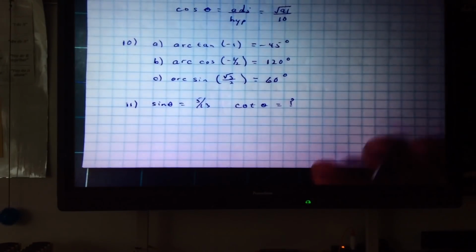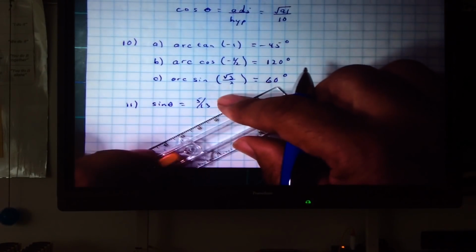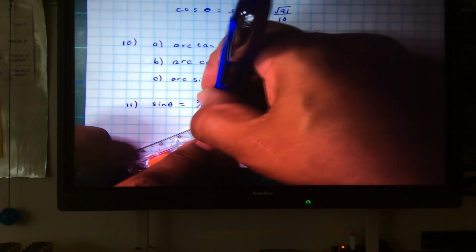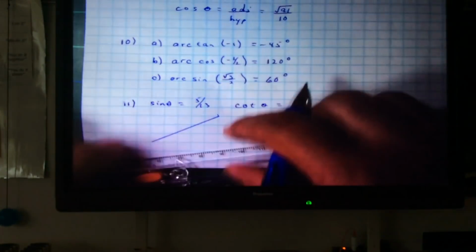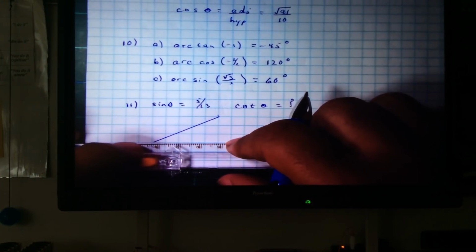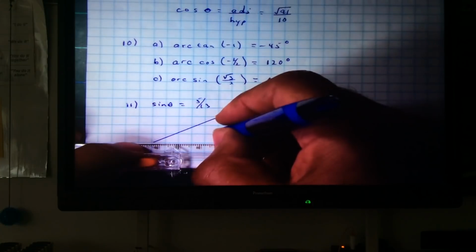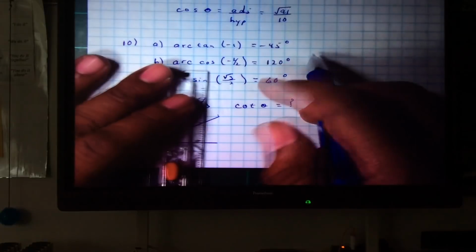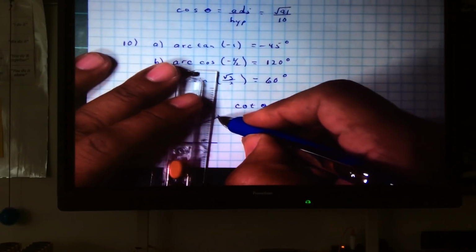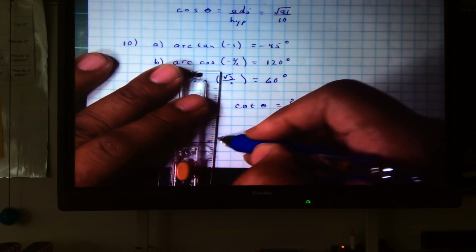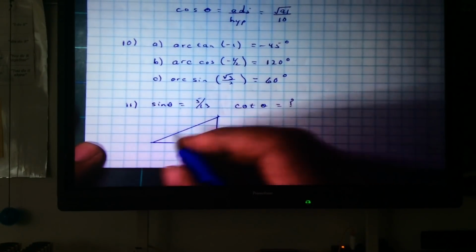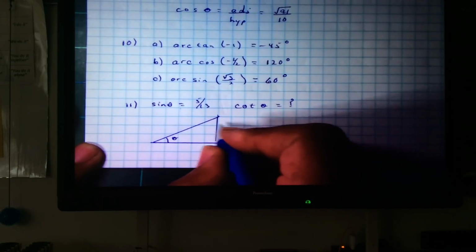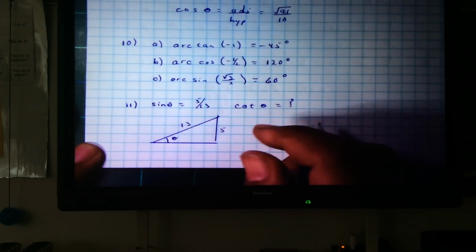So I'm going to draw me a triangle. If this is theta, the sine is going to be 5 over 13, and I need the cotangent.